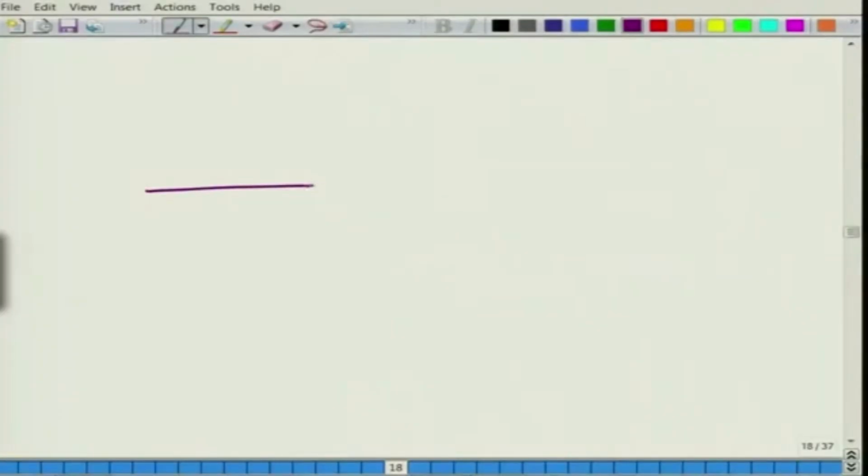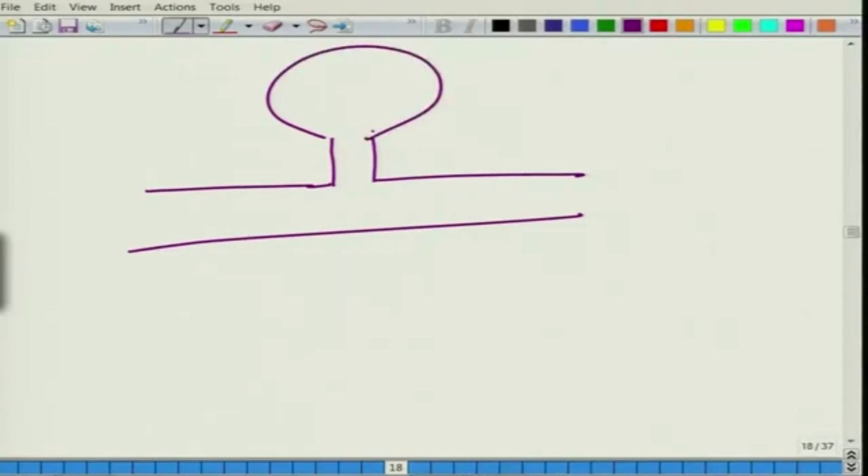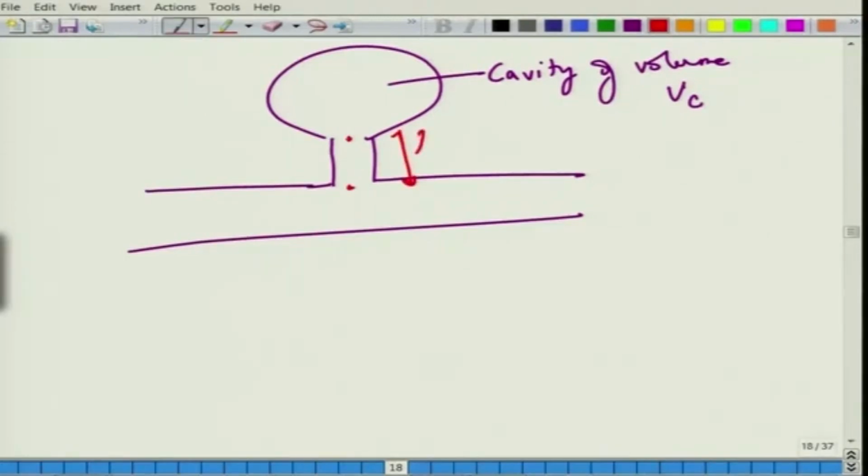So, often what happens in systems, you have a cavity of volume V, well Vc, like to be consistent with our terminology, and let us say the length from this point to this point is Ln, and let us say the radius is A, okay, and this point is 2, this is 3, this is 1.